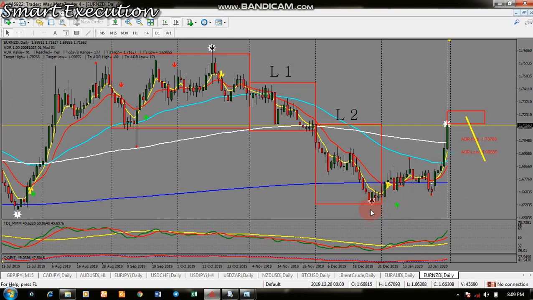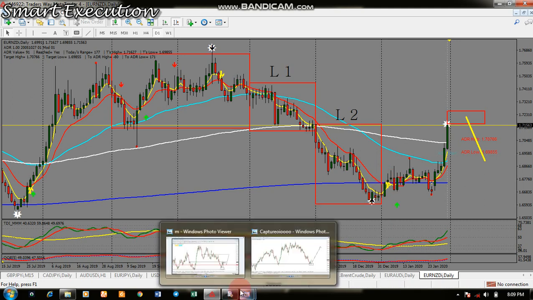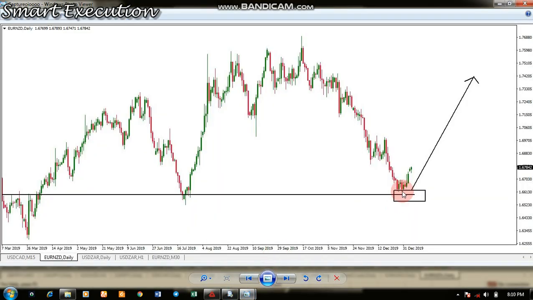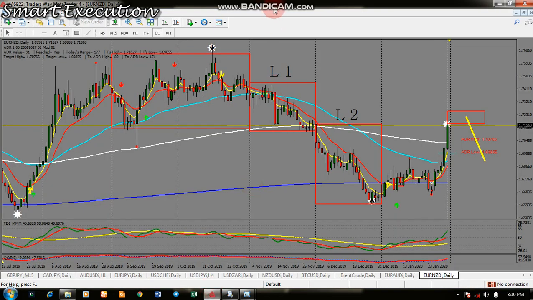The thing that confirmed my entries was these three. This was before it moved. See, doing it the swing way is much more fun using this system. You just have to go on a daily chart, right?